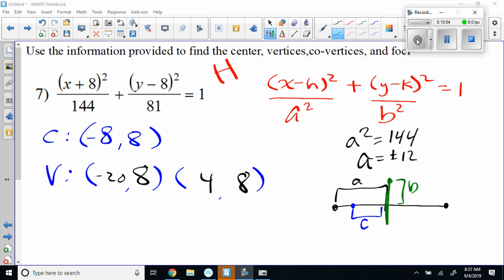Okay, what I want you to do is find the foci, each focus. Find the values for each focus. Well, they are horizontal, so I know they got to be 8, right?